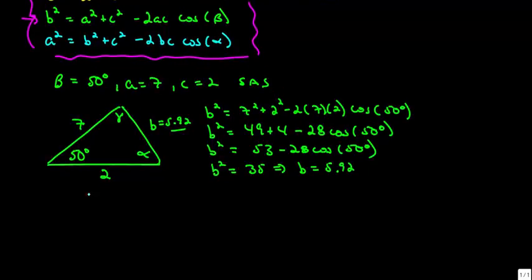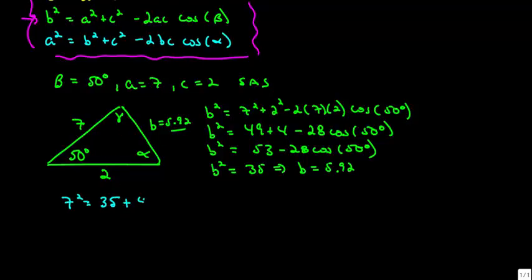Let me use the bottom one. So now a squared is equal to b squared. Oops, I wrote down c squared first. It won't matter, because addition is commutative, but I want to stay in the order that the formula is written. So b squared is 35, because that's what happens when you square 5.92.